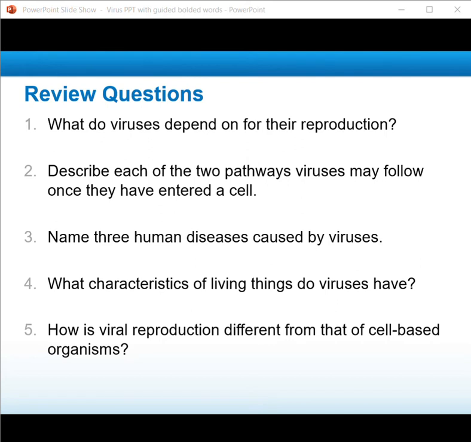Number 4, what characteristics of living things do viruses have? That also comes from the chart that we looked at in the last video. Viruses display characteristics of living things: they possess genetic material such as DNA and RNA, after they infect living cells they can reproduce, they have regulation of gene expression, and they can also evolve over time.